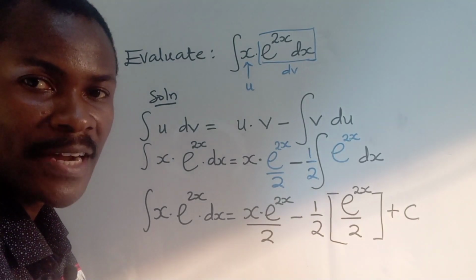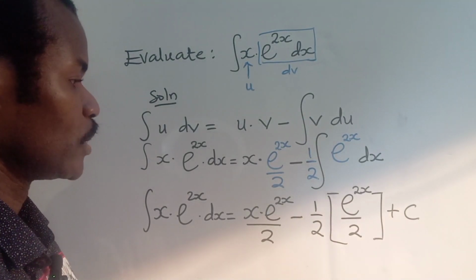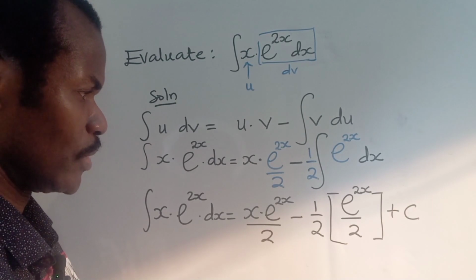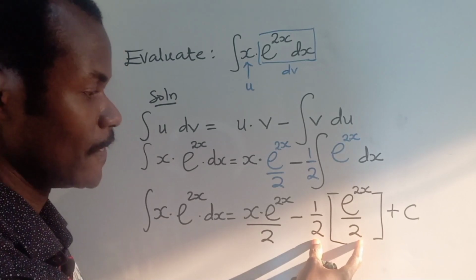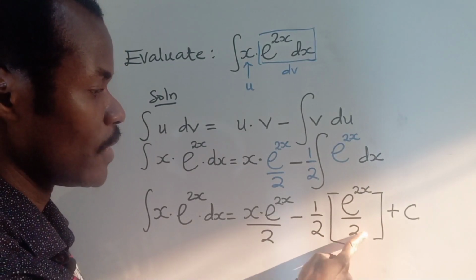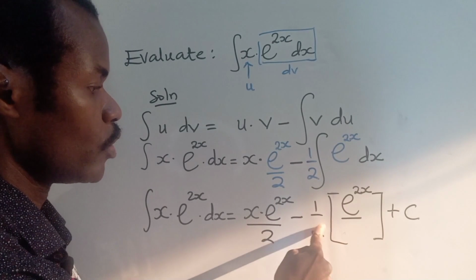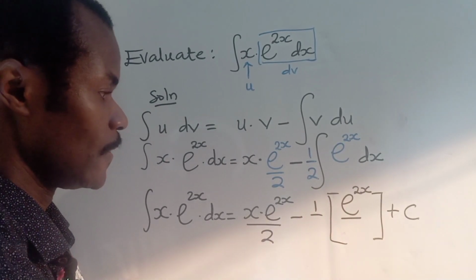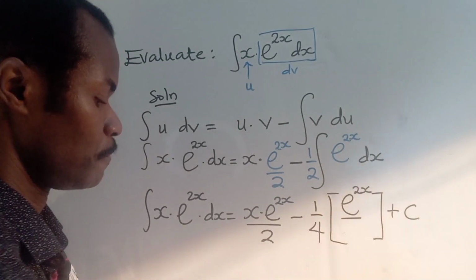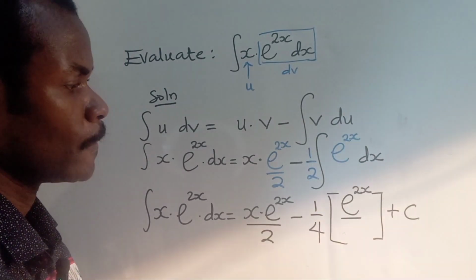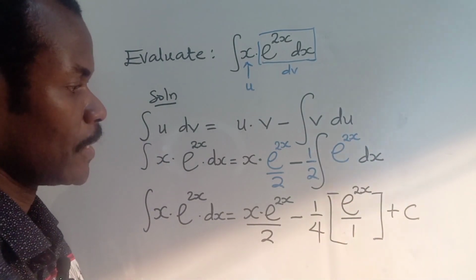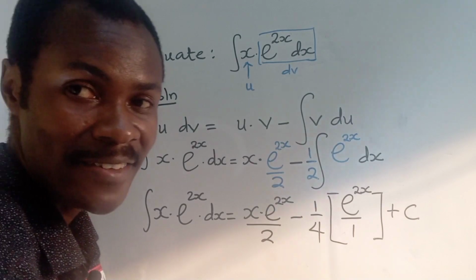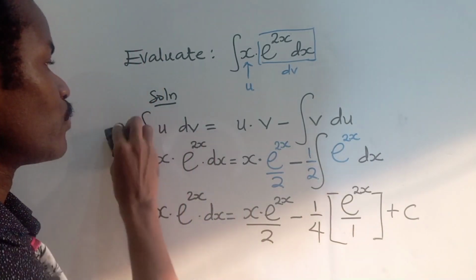So our final answer to this problem is simply going to be, now we can multiply this. If we multiply this, 2 multiplied by 2 here is going to give us 4. If we multiply these brackets, we can now get our final answer to this problem.